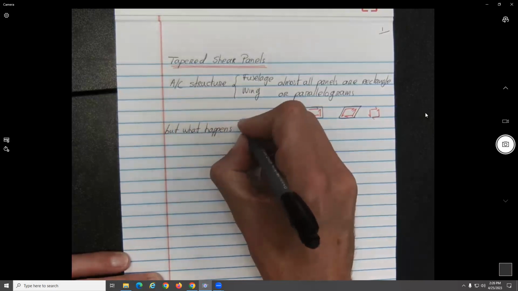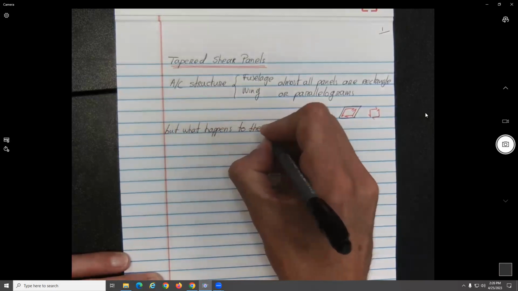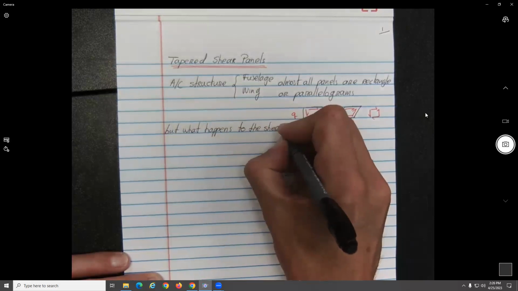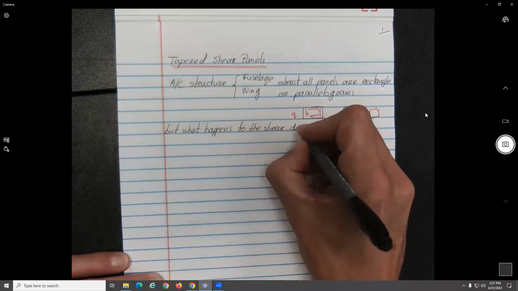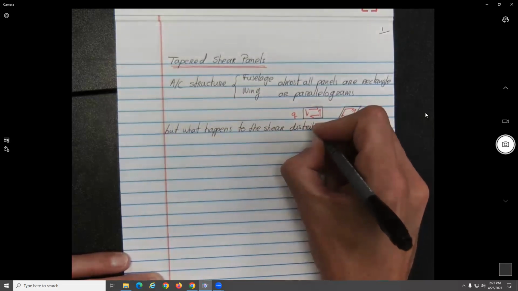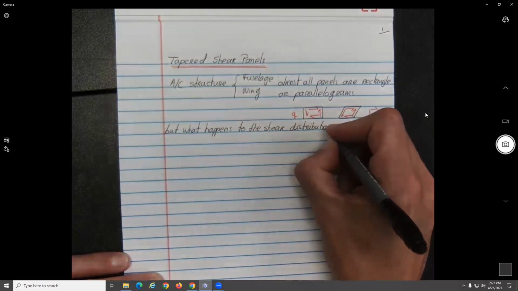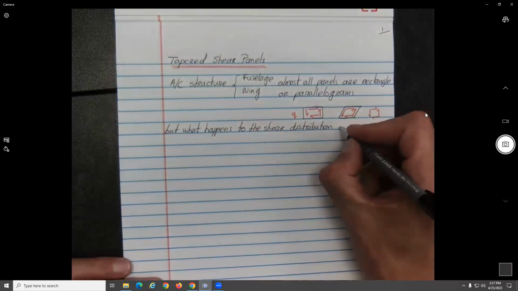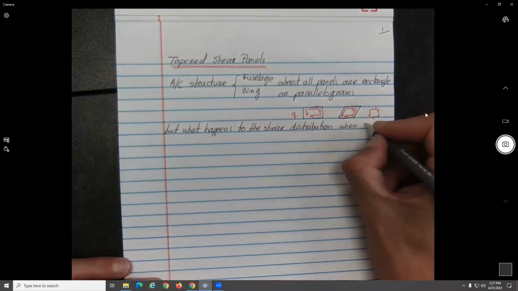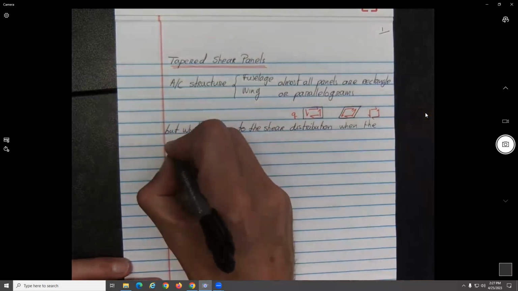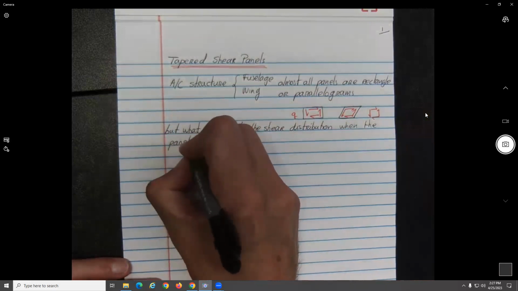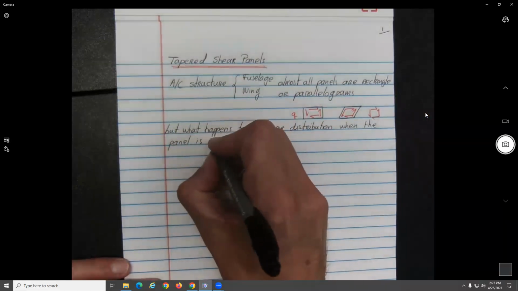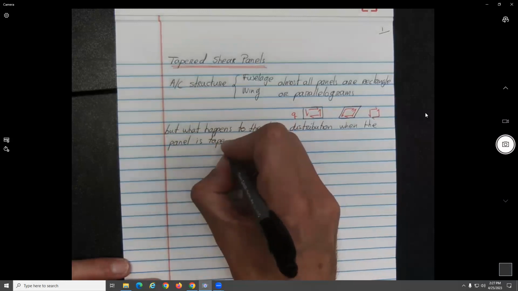But what happens to the shear distribution when the panel is tapered?